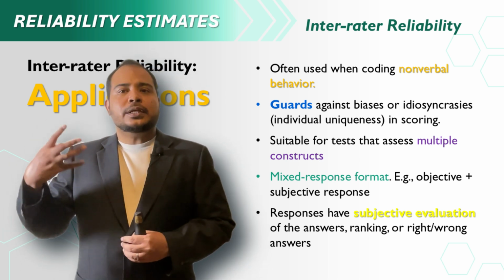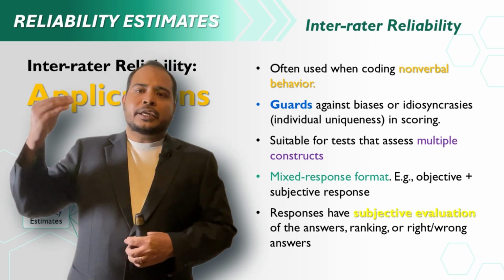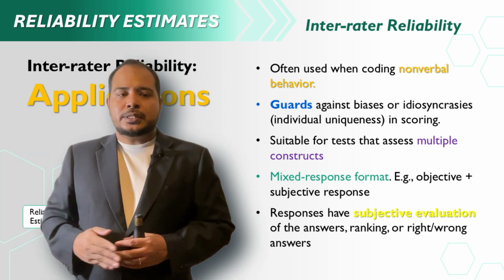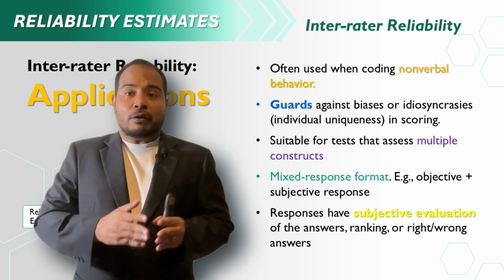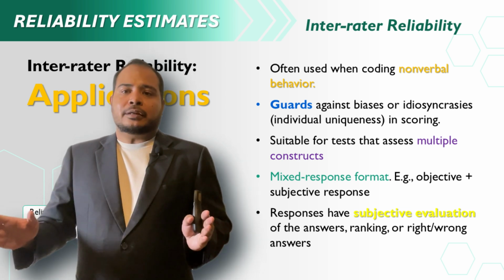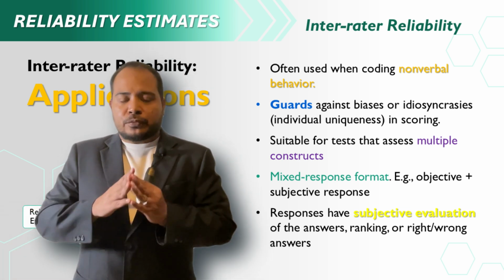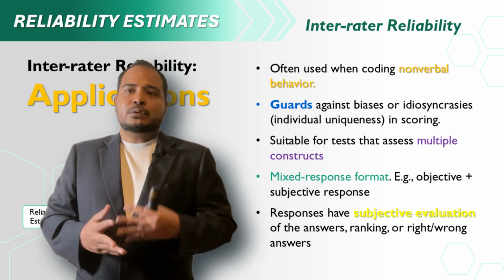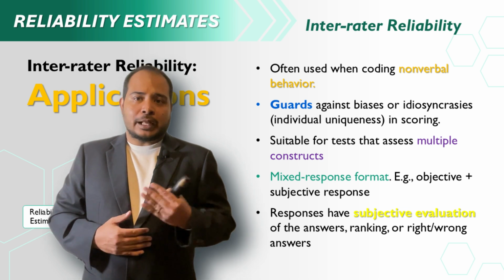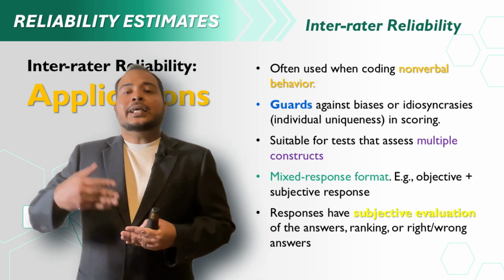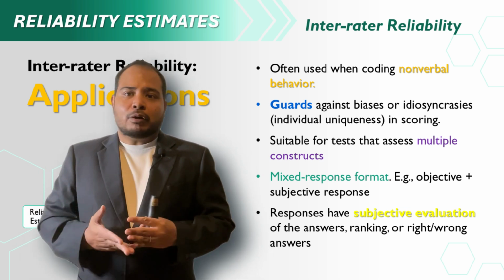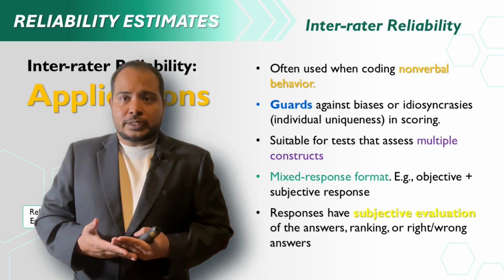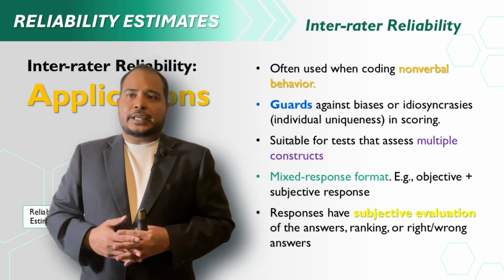So how can we know that the behavior targets of the children are the ones that we are focusing on, free from error of individual judgment and individual biases? In this case, we can use inter-rater reliability methods to estimate the reliability of our psychological tools, in this case, a behavioral checklist.